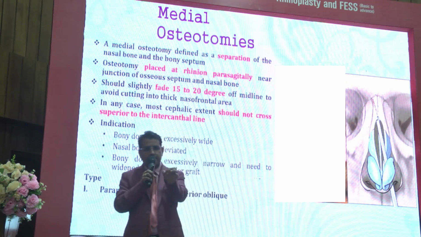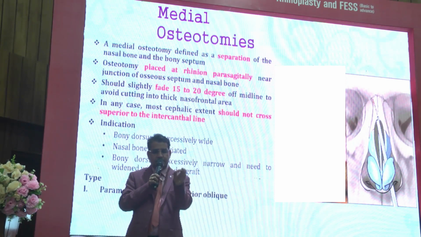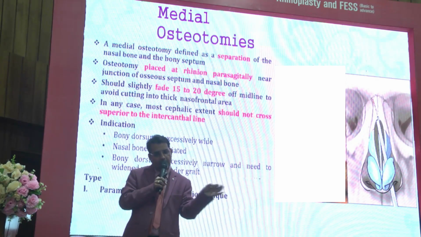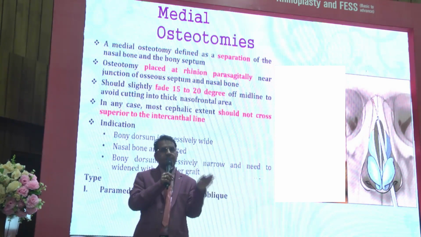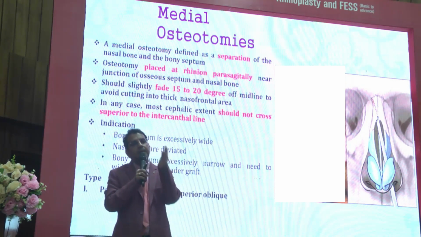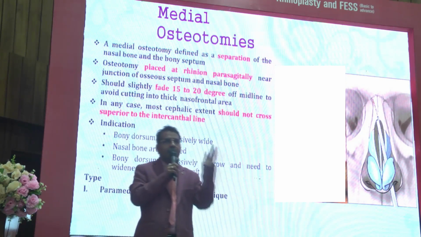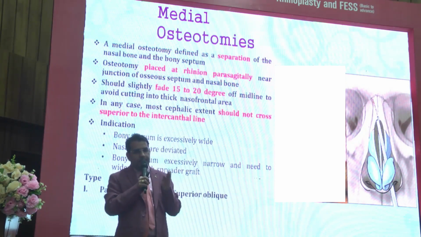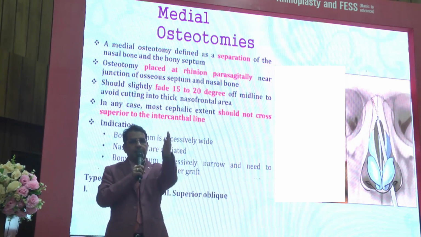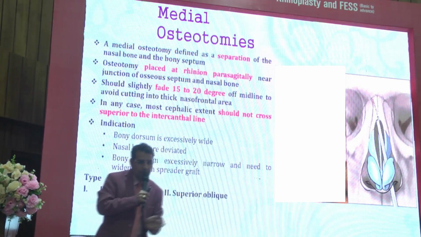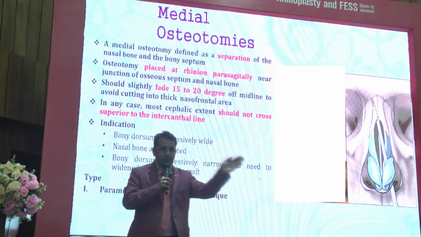You engage it just at the junction of the nasal bone and the bony septum, 2 mm laterally. That's why, because we put it parasagittally, we call it the paramedian osteotomy. Now you have two options: either go in a straight manner, or go at 15 to 20 degrees. It's your choice.